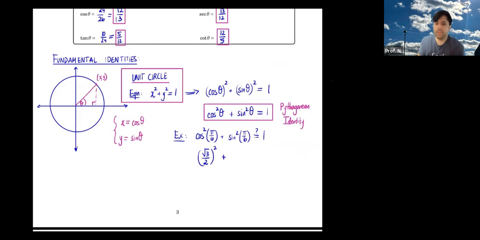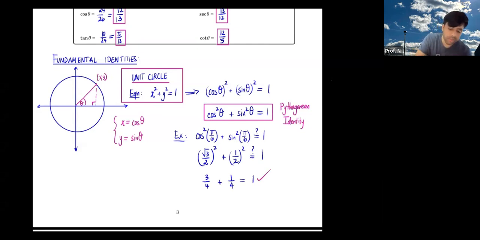And sine of pi over 6 is a half, and I'm squaring that as well. When you square root 3 over 2, you get 3 over 4, and when you square 1/2, you get a fourth. And indeed, you get 4 over 4, which is 1. So this is a little example of how the Pythagorean identity holds true.